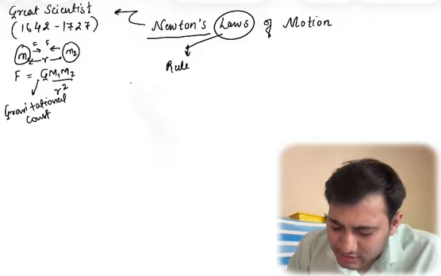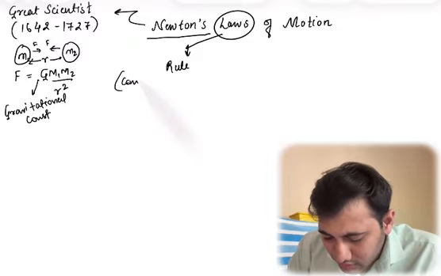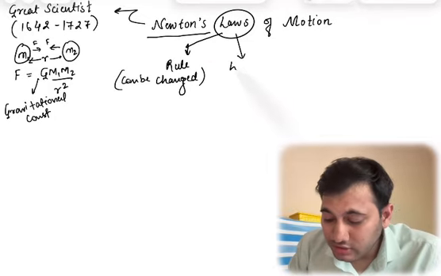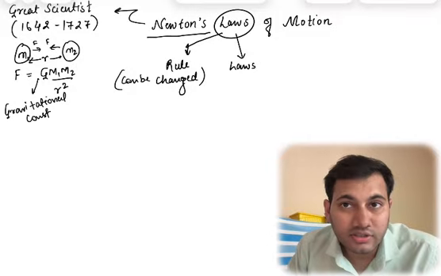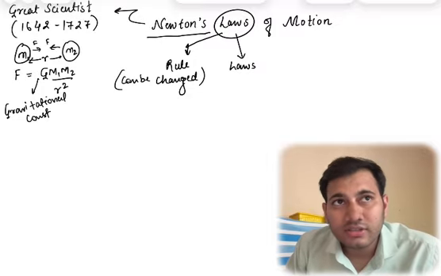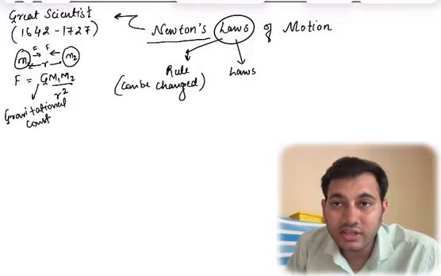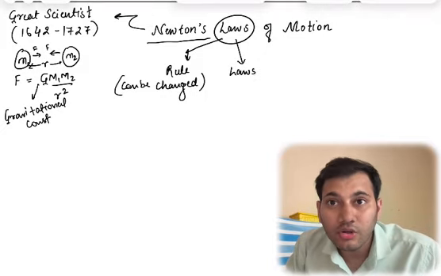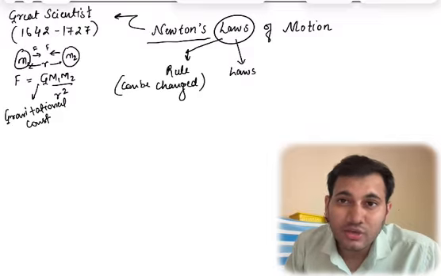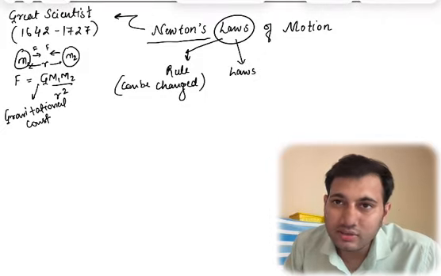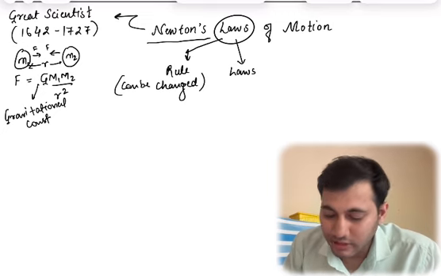So rules are such things which can be changed, whereas laws are such things which are universally true and never change. For example, as I have mentioned, the gravitational force is given by G m1 m2 upon r square, and because this is a law, it is true on Jupiter, on the Sun, on Mars, on Earth, everywhere this law will be true and will be applied, right?